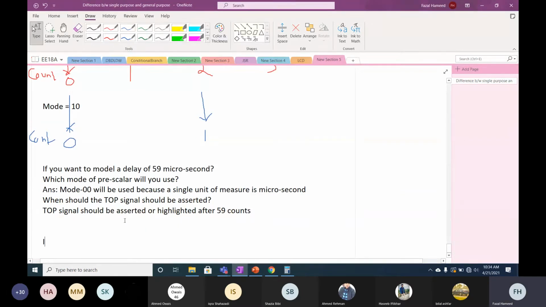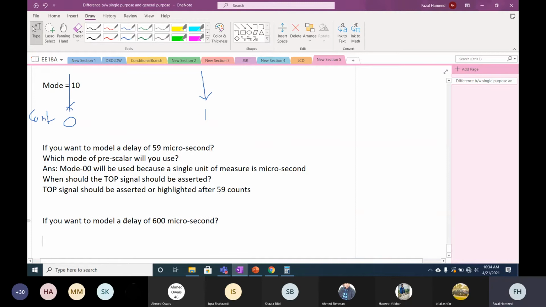Now, if you want to model a delay of, let's assume, 600 microseconds, you can use both modes.